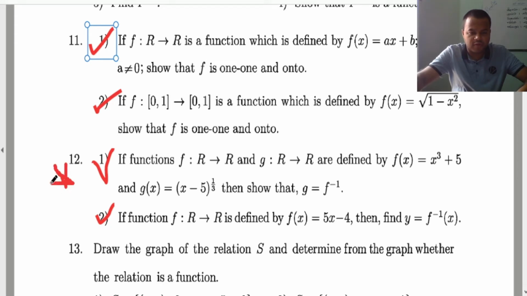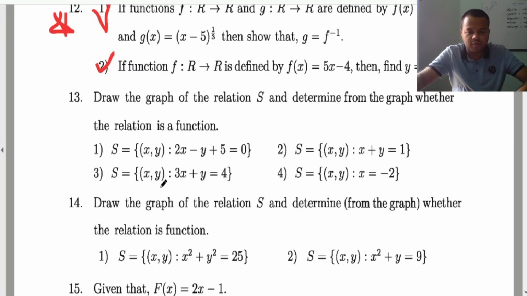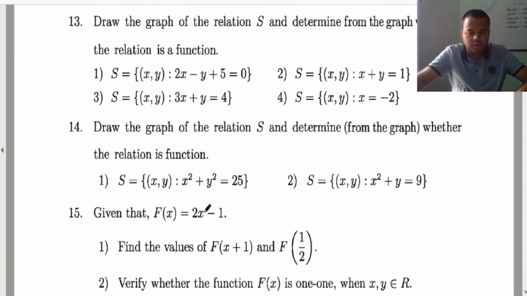Number 12 is very important, number 11 is also very important. I have discussed these problems.